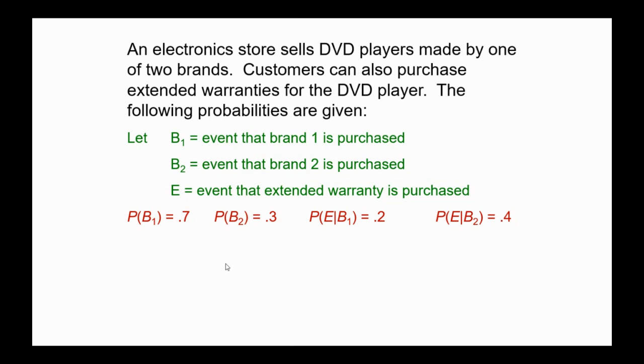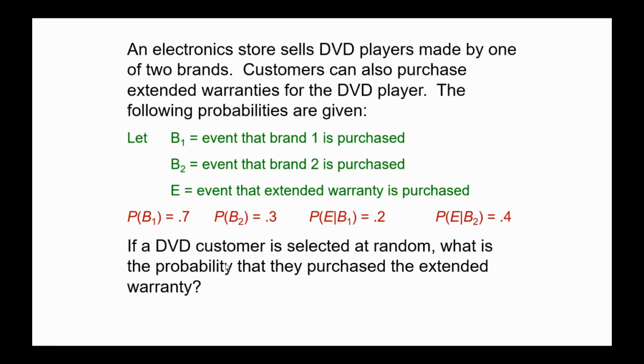If we let B1 be the event that brand 1 is purchased, B2 is the event that brand 2 is purchased, and E is the event that the extended warranty is purchased, then the probability brand 1 is purchased is 0.7, brand 2 is 0.3, the extended warranty with brand 1 is 0.2, and the extended warranty with brand 2 is 0.4.